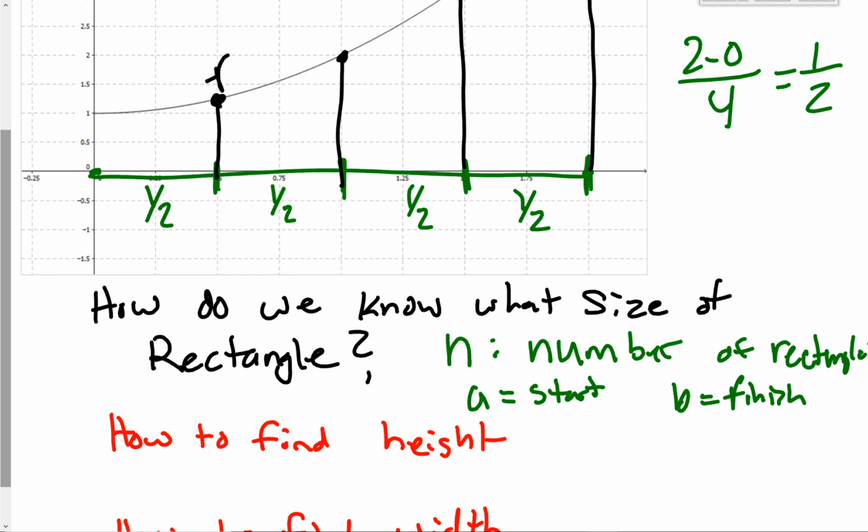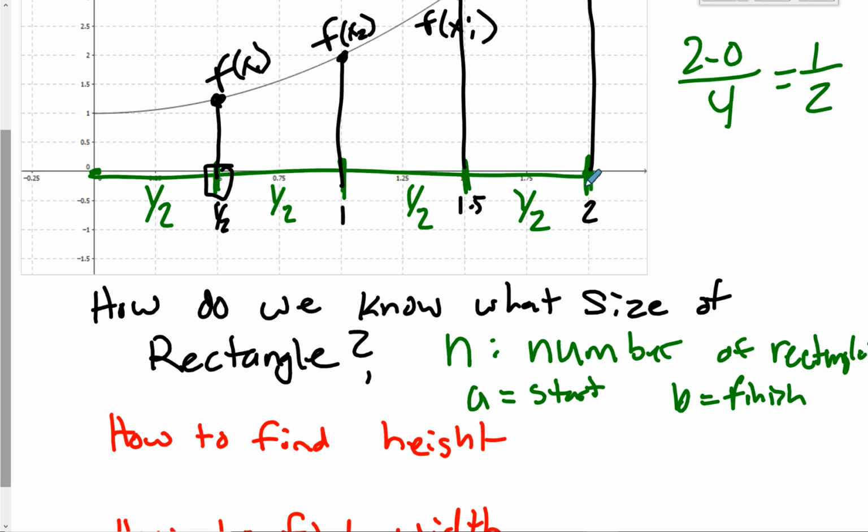Well, isn't that just my y value, f of x? f of x1, f of x2, all the way to f of xi, and I'll talk about that notation in a little bit. So we plug in these x values, 1/2, 1, 1.5, and 2, in order to figure out what those y values are.